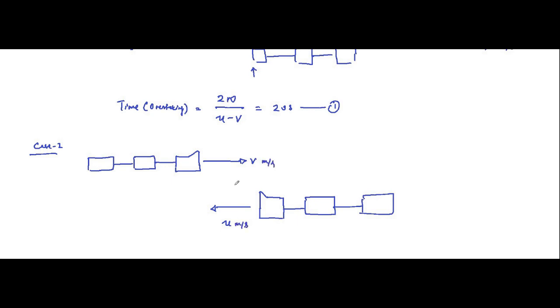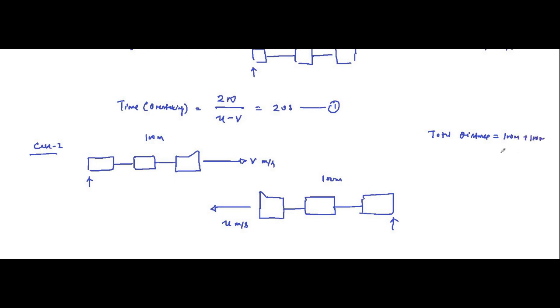Here also the crossing process will be over when the last bogie of the train that is crossing completely crosses the last bogie of the first train. Both have the same lengths, so the total distance covered will be the same 200 meters, 100 plus 100.